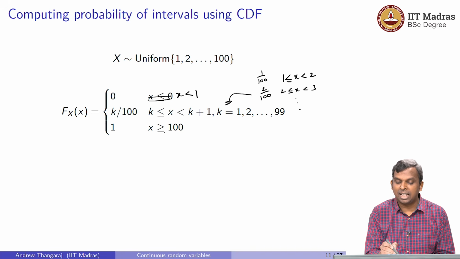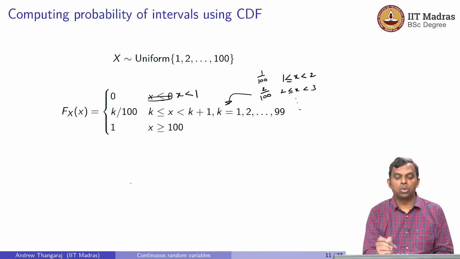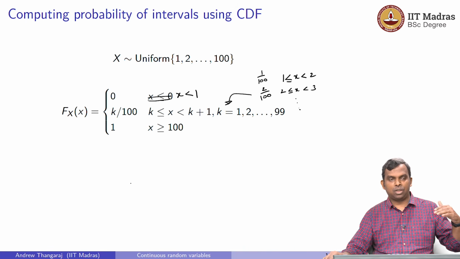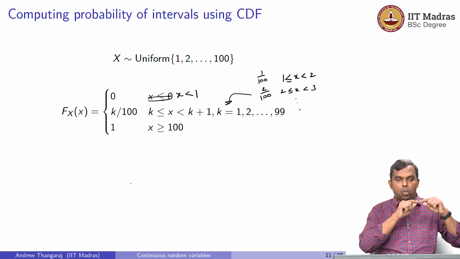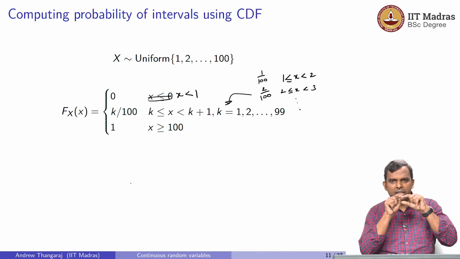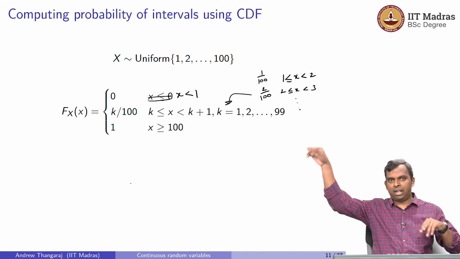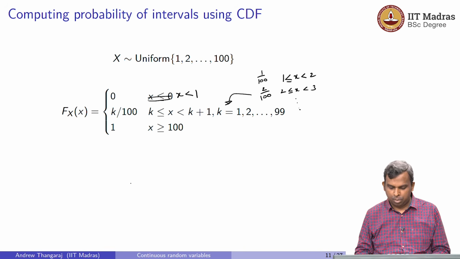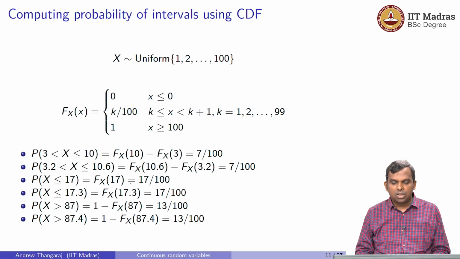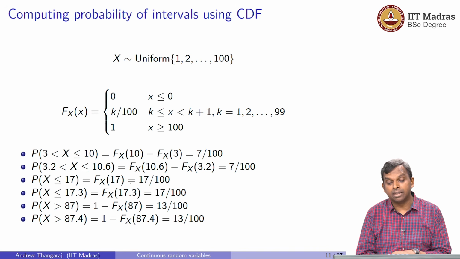And if x is greater than or equal to 100, then you go to 1. So that's the picture. It starts at 0. At 1 it jumps by 0.01, at 2 it jumps by 0.01, at 3 it jumps by 0.01, and so on, 100 times it jumps and gets to 1. So it's easy to picture this. Now let's start doing this calculation of probability of intervals. There's a reason why I'm doing probability of intervals here.